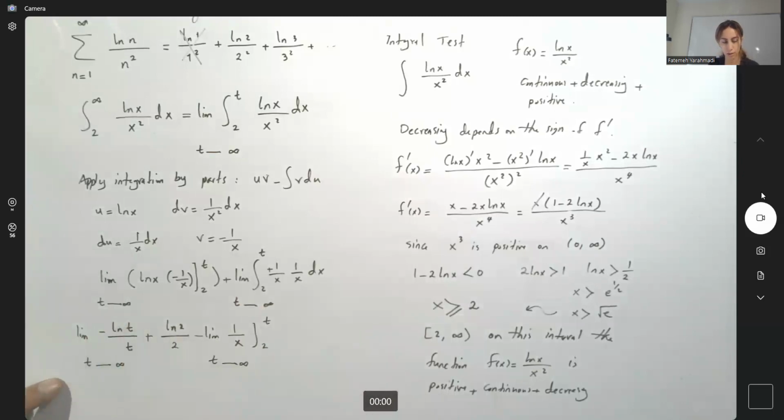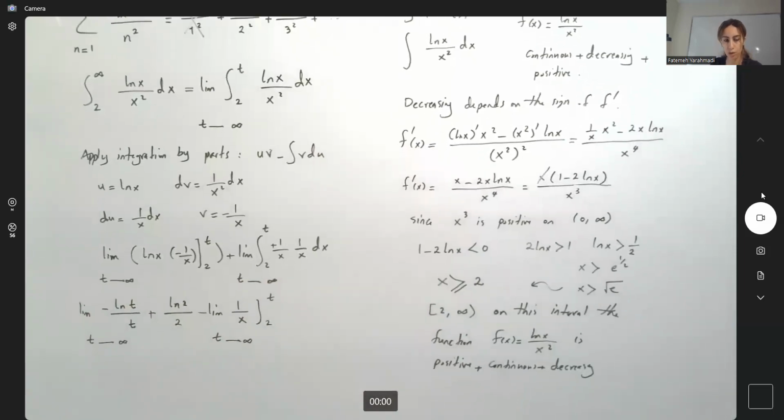For this guy here, if you plug in infinity, you get infinity over infinity, so apply L'Hopital's rule. And after applying L'Hopital's rule and taking the limit, you need to show step-by-step work, you get 0. You have negative 1 over t divided by 1 as t goes to infinity. This is just basically 0.